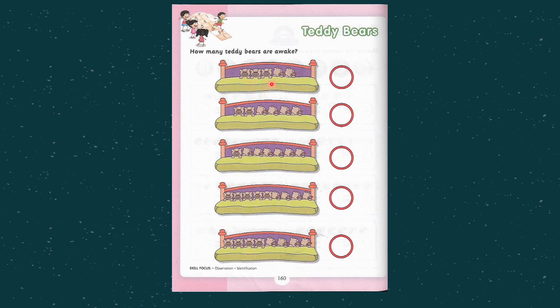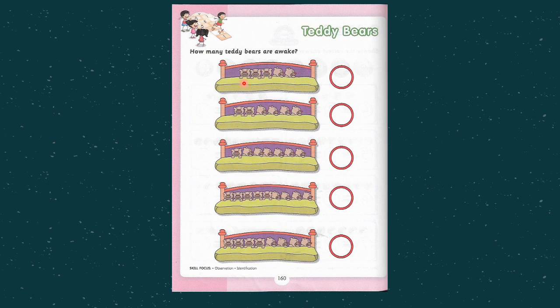A few teddy bears are awake and a few are sleeping. So what you need to do is count the number of teddy bears which are awake and write the number here. You are leaving out the ones which are sleeping.